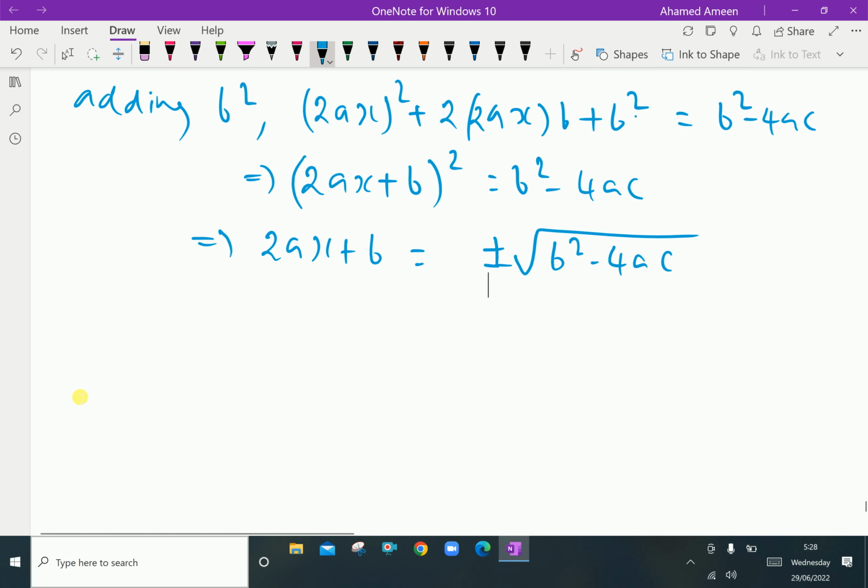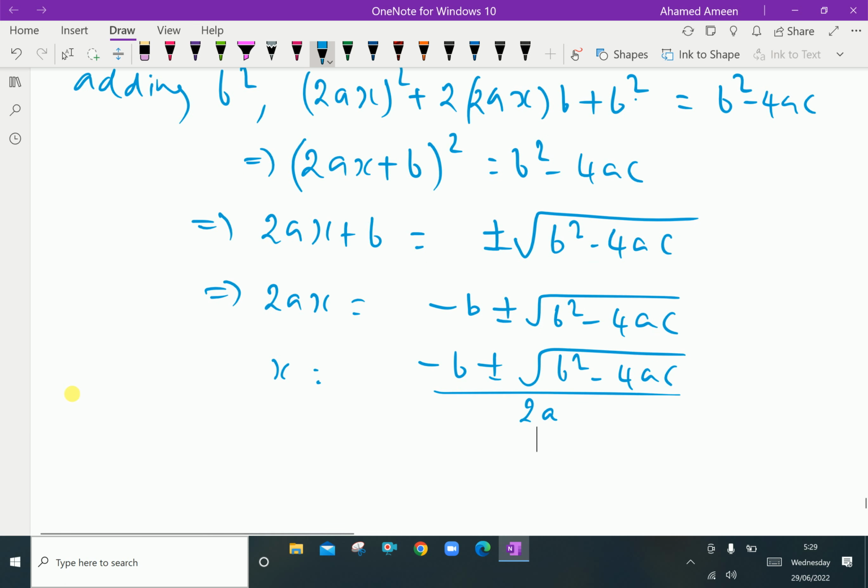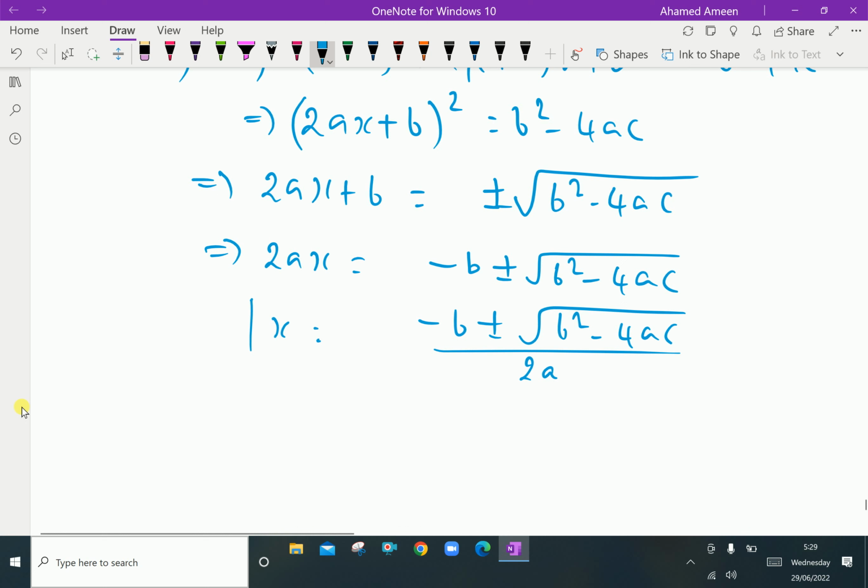Now further, 2ax equal to minus b plus or minus root b squared minus 4ac, then x equal to minus b plus or minus root b squared minus 4ac over 2a, which is the quadratic formula for solving a quadratic equation.